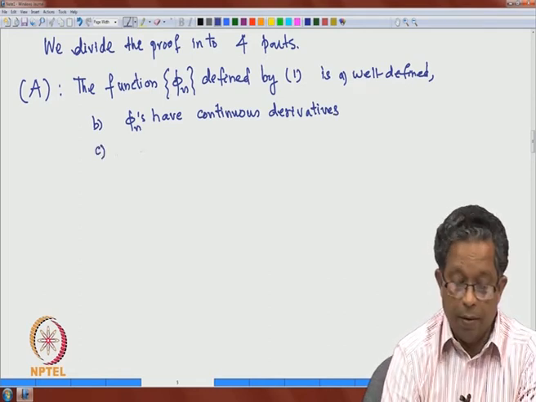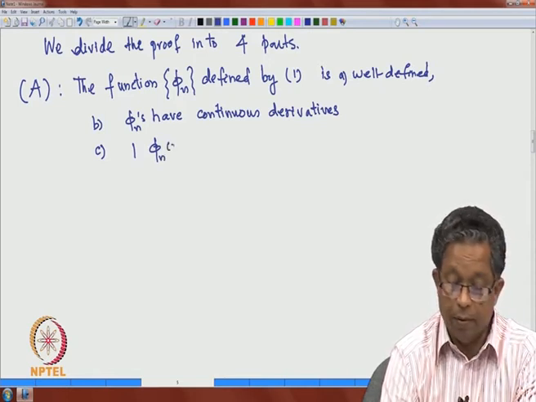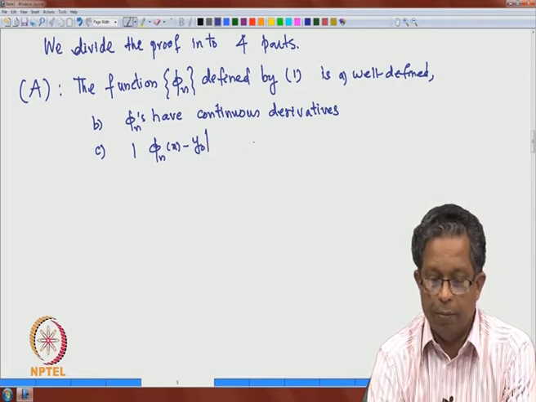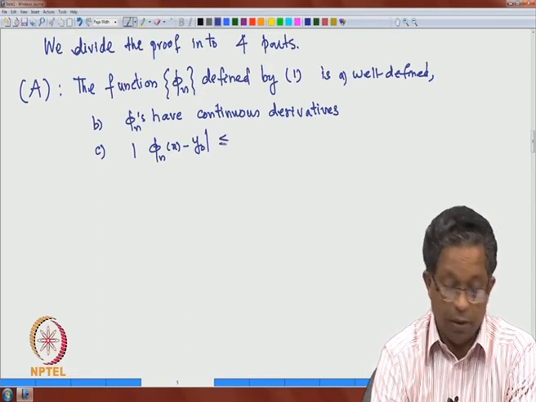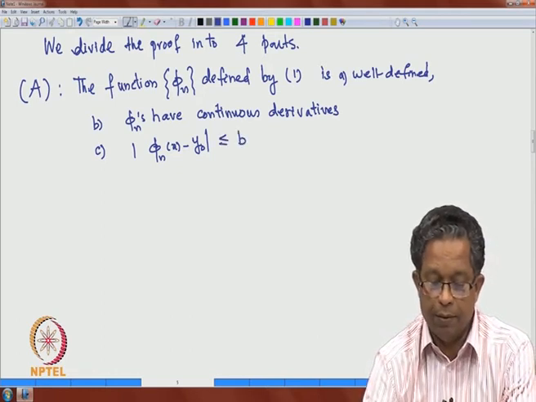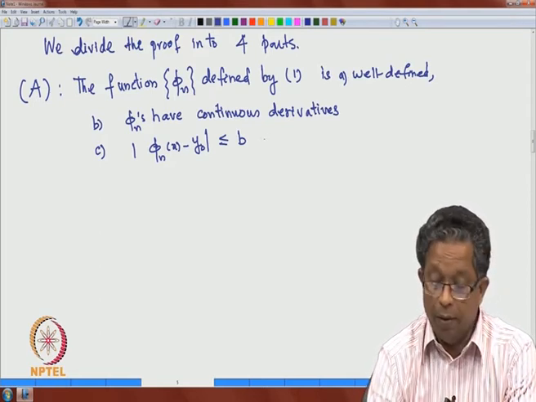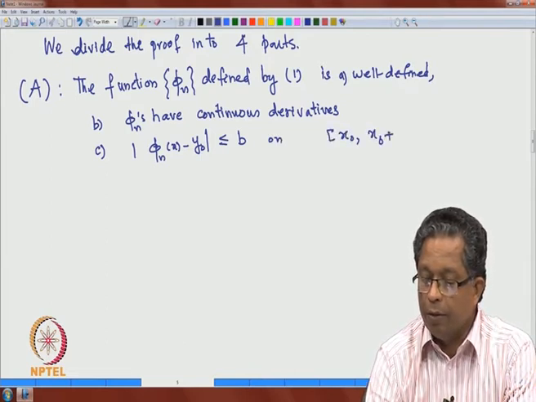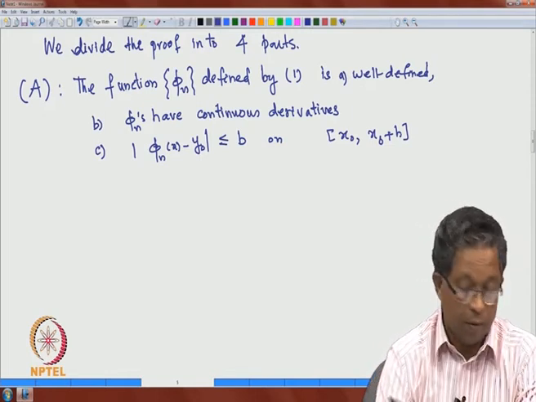C, it obeys an estimate: |phi n(x) minus y0|, the difference between the initial point and phi n(x), is less than or equal to B, that means all phi n's are within the rectangle on x0 to x0 plus h, the interval on which we are proving the existence.